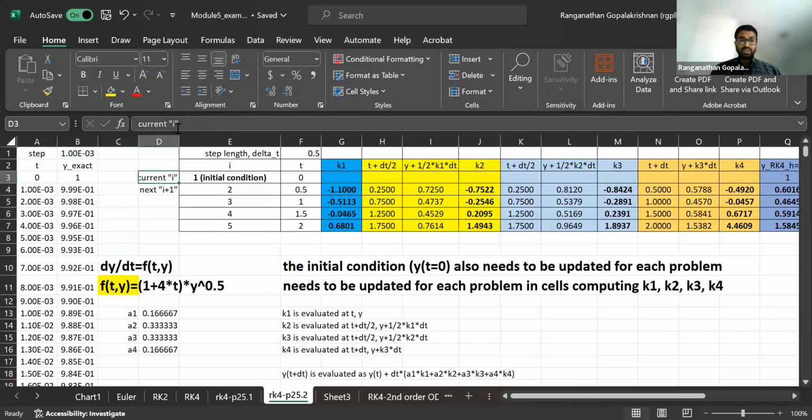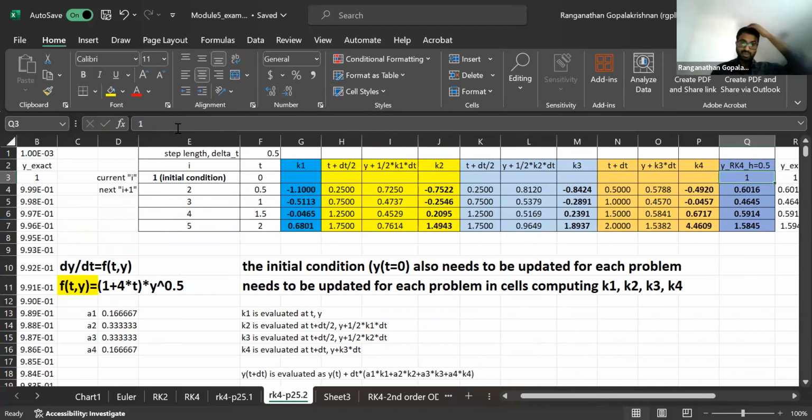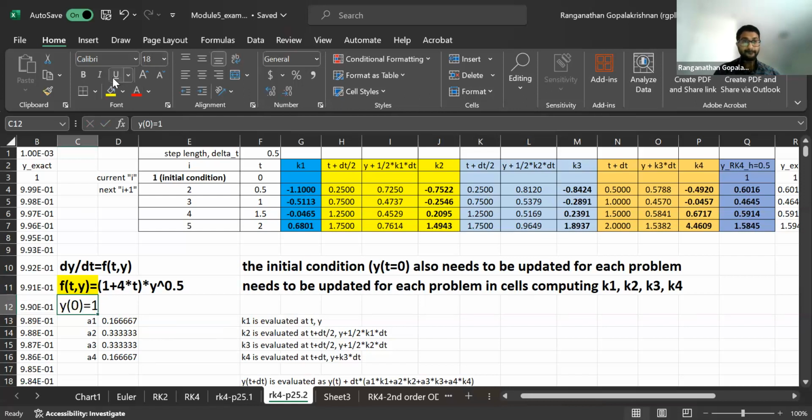The initial condition also needs to be updated, but it just so happens the initial condition is also 1. Y of 0 is still 1. So we are kind of okay. All right.